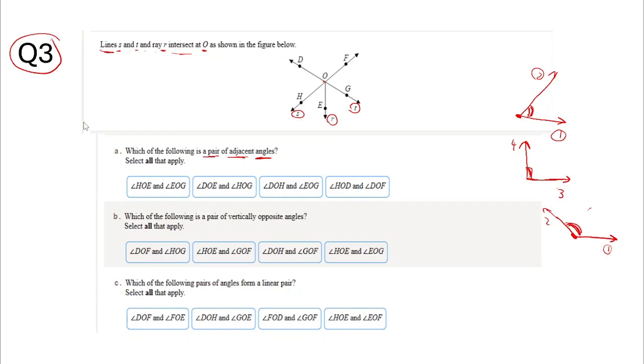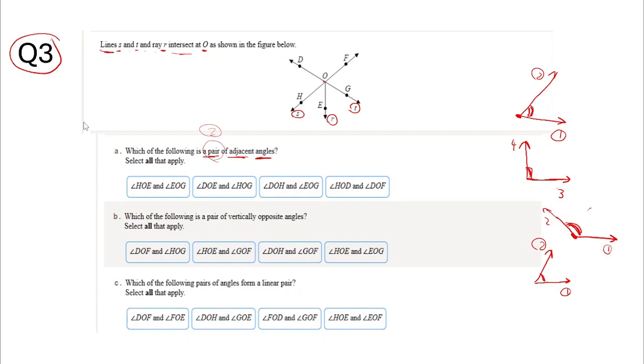Okay. What are adjacent angles? Here it says pair of adjacent angles, that means there are two angles. So let's say I have ray 1 and ray 2. This is an angle, right?